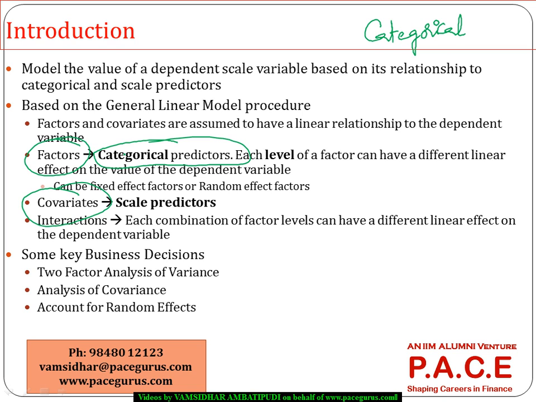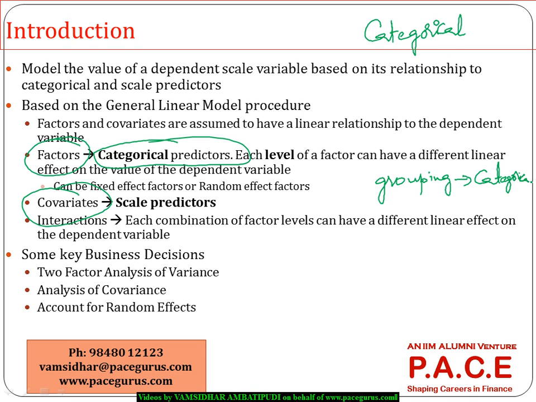But in this current session, when we are talking about the two-factor analysis of variance procedure, our intention is straightforward: the two factors we are considering for grouping purposes are only categorical variables.